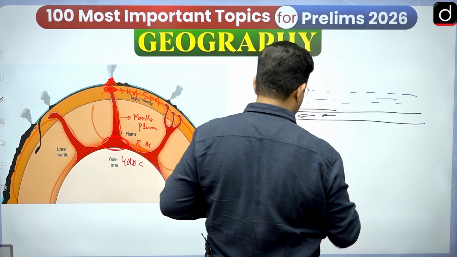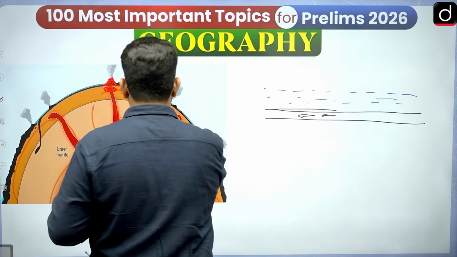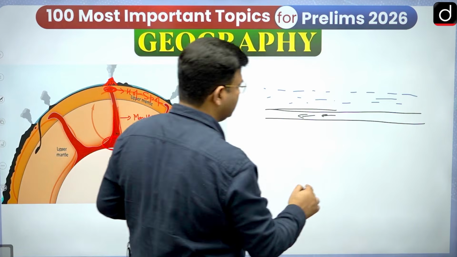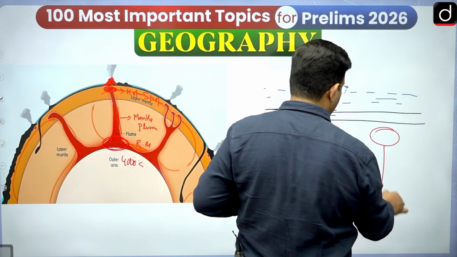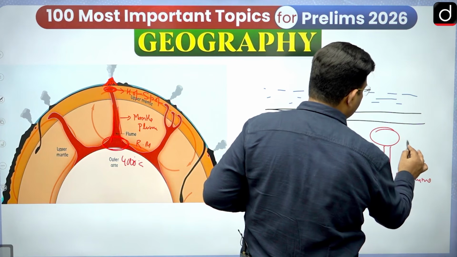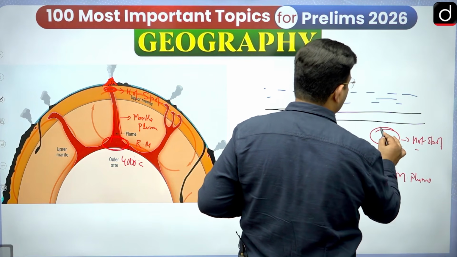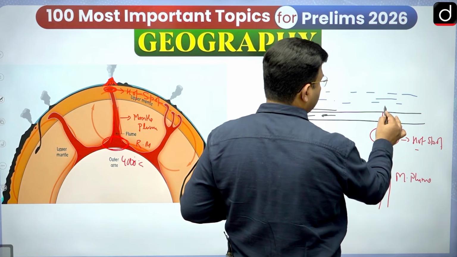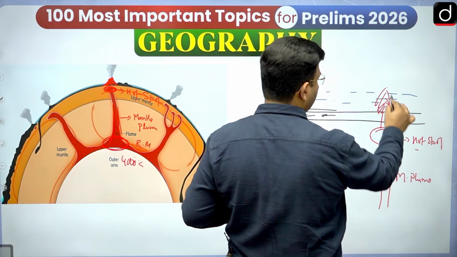In this ocean water and below, there is a hot spot, and this is your mantle plume. This hot spot will break the ocean plate, and the magma will start coming in this region, slowly and slowly coming above.